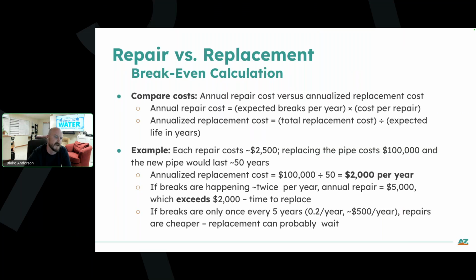Let's say that new pipe is going to last a very conservative 50 years. 75 to 100 is probably more accurate for modern infrastructure. It may even be able to go longer than that. If you divide that $100,000 by 50 years, you end up with a $2,000 per year cost of ownership that covers its useful life.